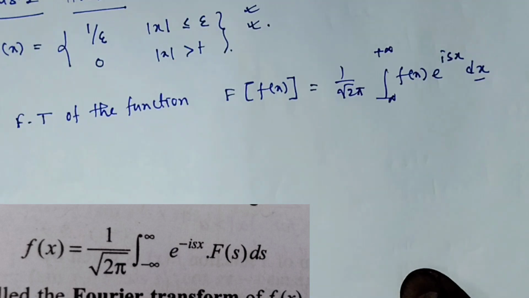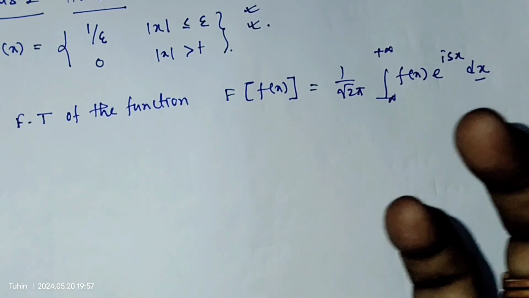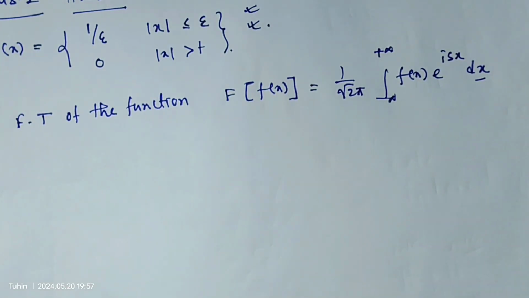This is the main formula. I think you already know about this, because this problem is actually from the Fourier transform chapter. But here it is given, so I need to do it.